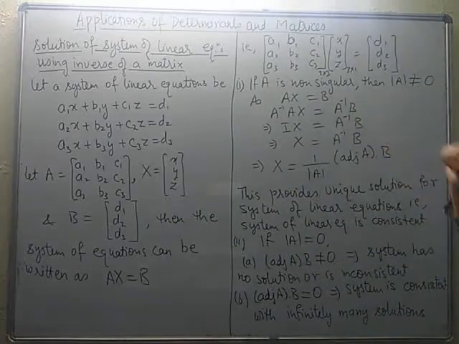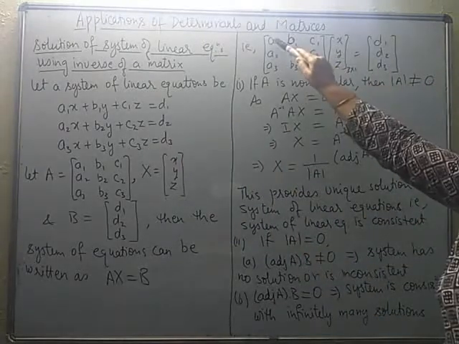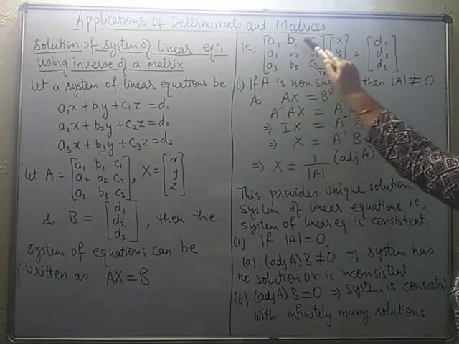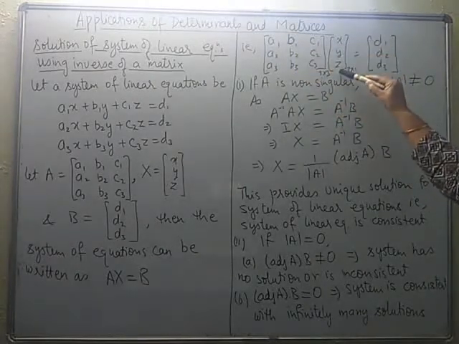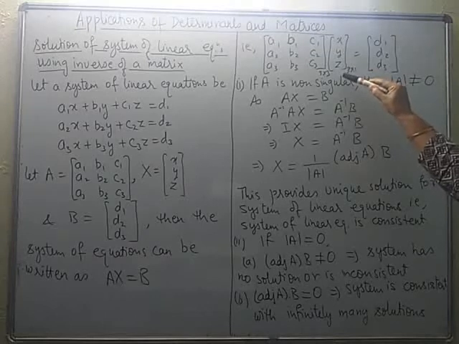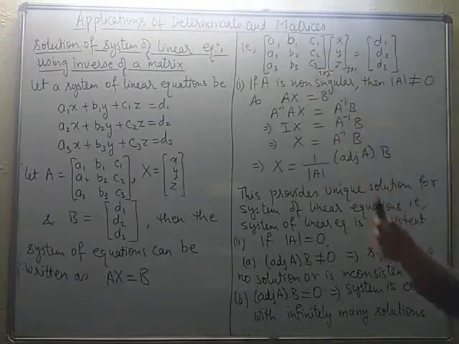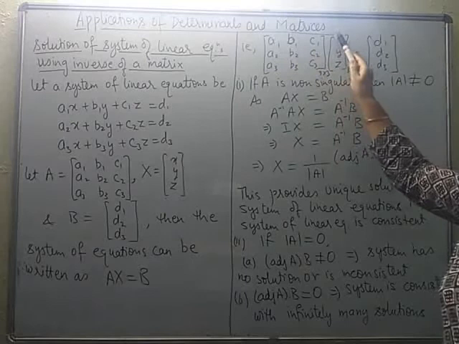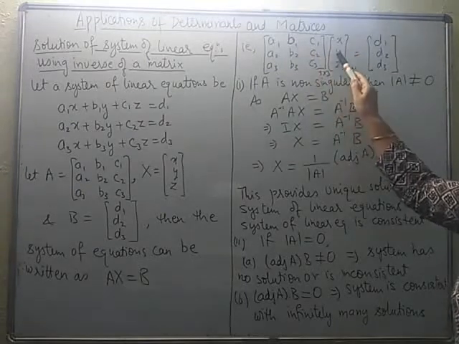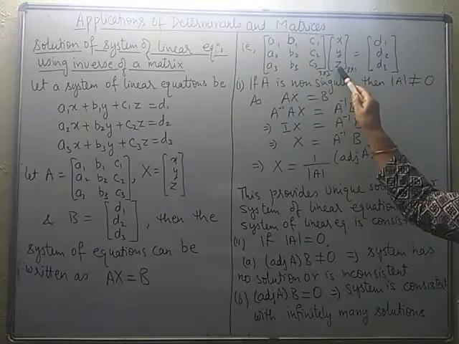If we conduct the multiplication, for the first element, the first row elements will multiply with the corresponding elements of the column and the products will be added. So we get a1x plus b1y plus c1z.